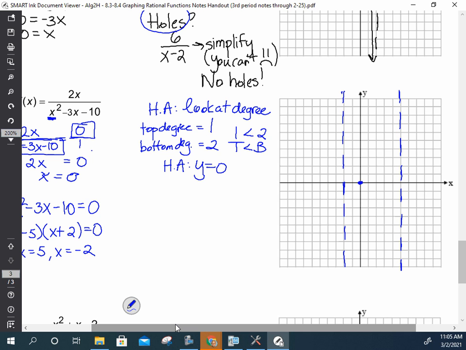So, good question. That's definitely something you're going to need to know for those of you who are going off to pre-calc next year. So since y equals 0 is your horizontal, go to the y-axis and put your horizontal line through 0.